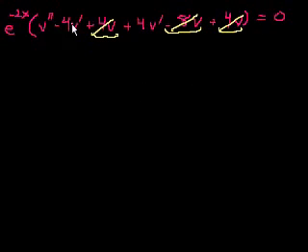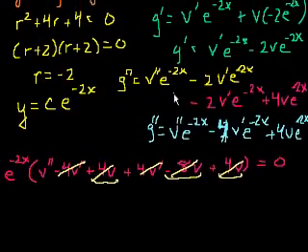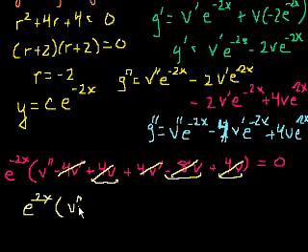And then I also have minus 4v prime plus 4v prime, so those cancel out. And lo and behold, we've done some serious simplification. It ends up being e to the minus 2x times v prime prime of x, now that we've saved so much space, is equal to 0.